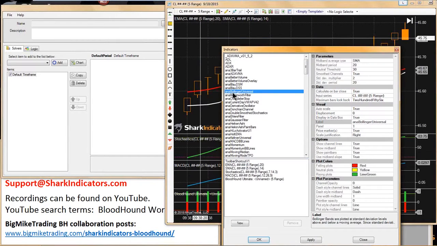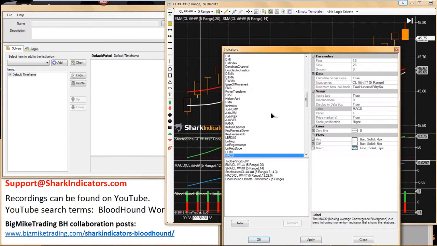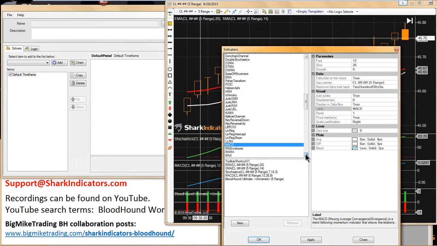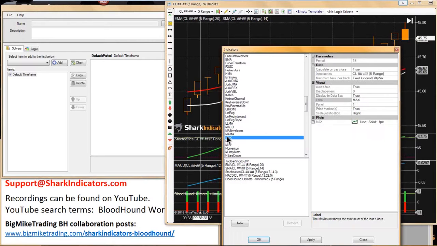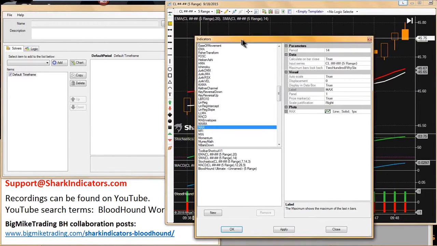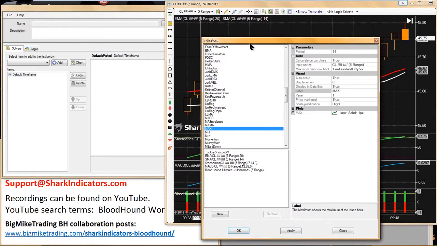Let's see. NinjaTrader has an indicator built in. I'm trying to think of the name of it. I'm pretty sure that Ninja has an indicator that will detect the highest, or something like that, looking at the last number of bars.